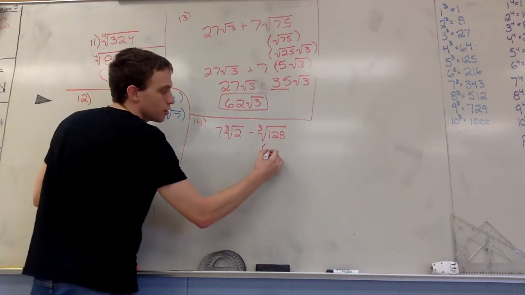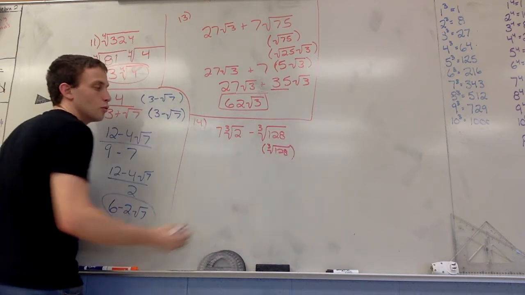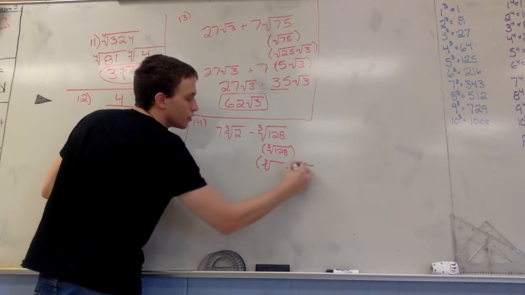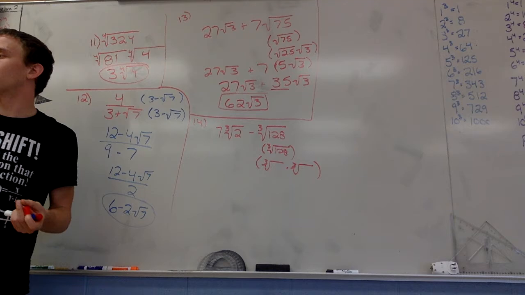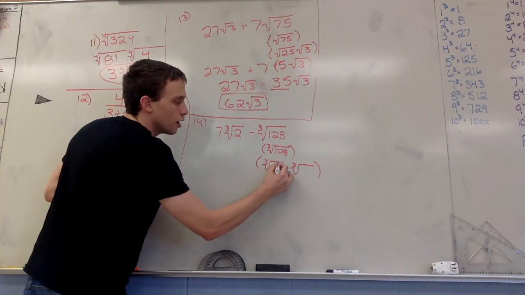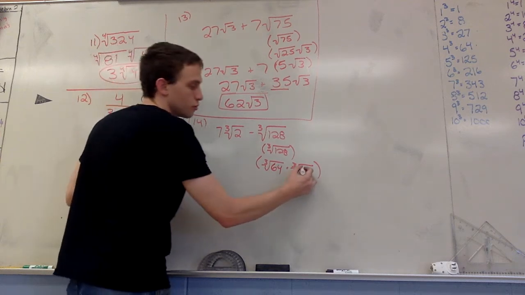So this is going to give me the cube root of 128, which is going to be the cube root of what times the cube root of what? What gives me 128? What's the perfect cube that goes into it? 64, thank you. And 64 times what? 2.